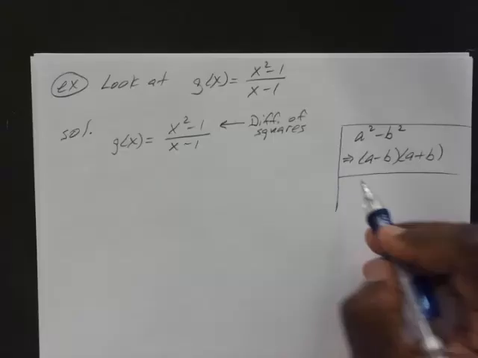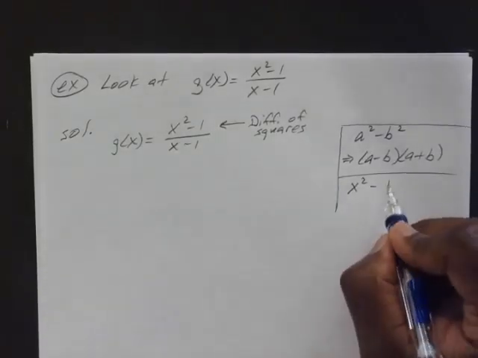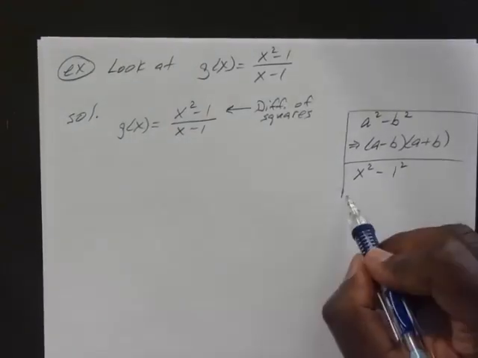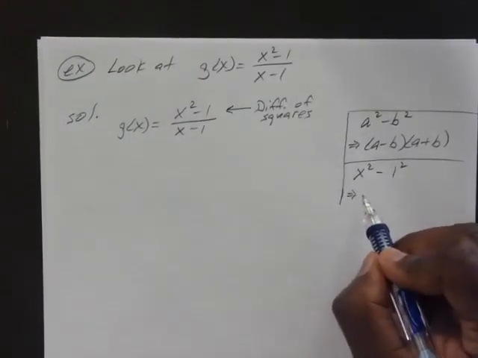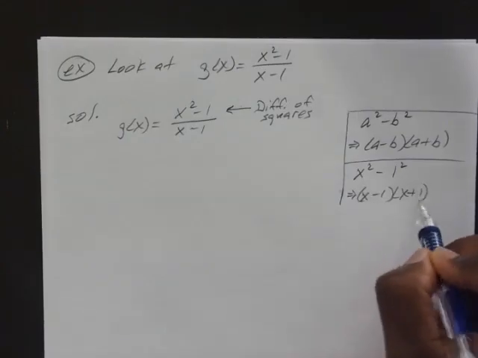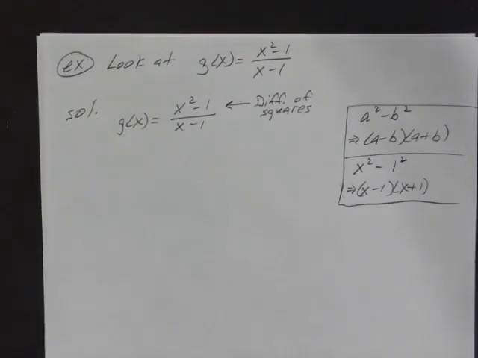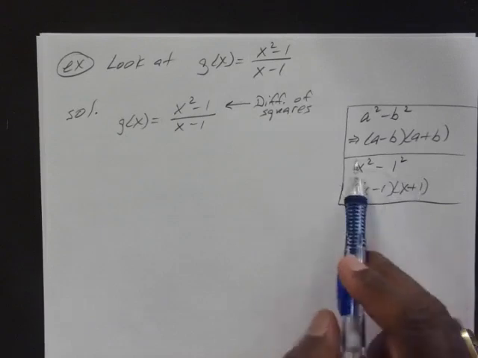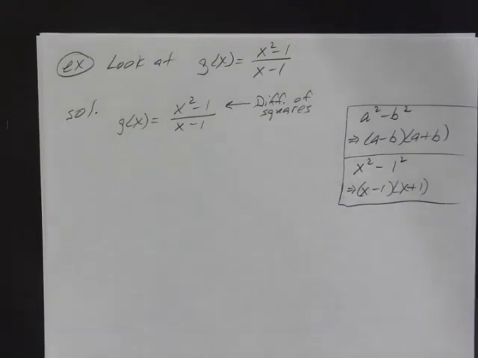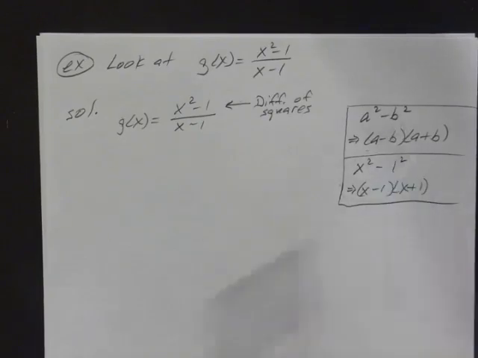So if we have x squared minus 1, where we could rewrite that as x squared minus 1 squared, that is just x minus 1 times x plus 1. If you do the FOIL method on this, you'll end up right back at x squared minus 1.